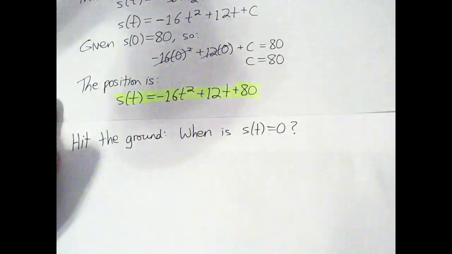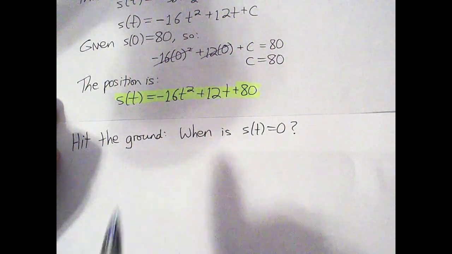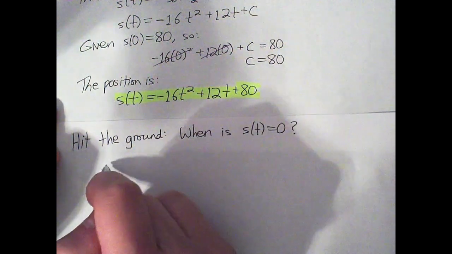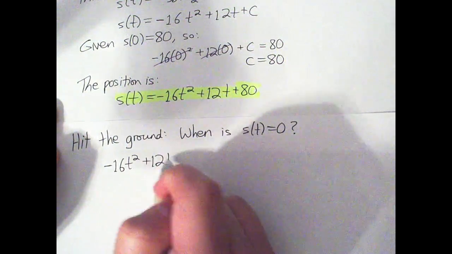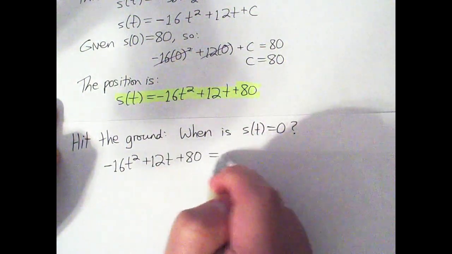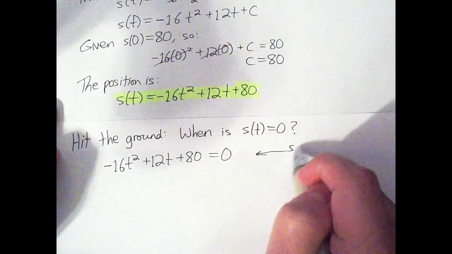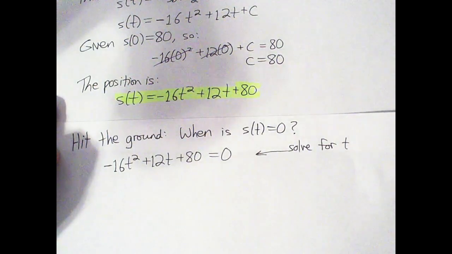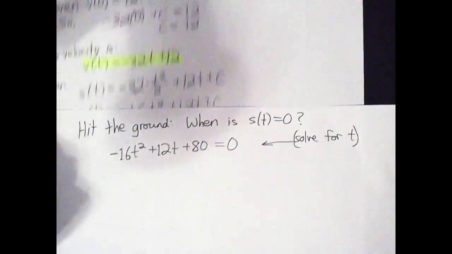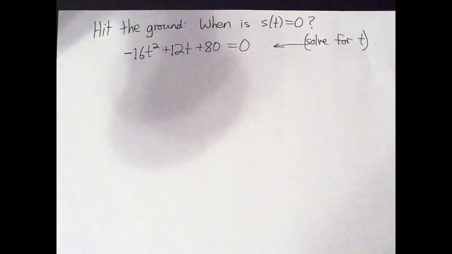When is the height above the ground equal to 0? That would be the moment of impact. So we could take the function that we found, negative 16 t squared plus 12t plus 80, set it equal to 0, and solve for t. That's what this question wants us to do, because it said, how long does it take to reach the ground? A different problem might ask us to do something else.